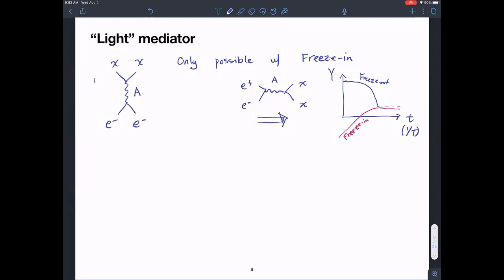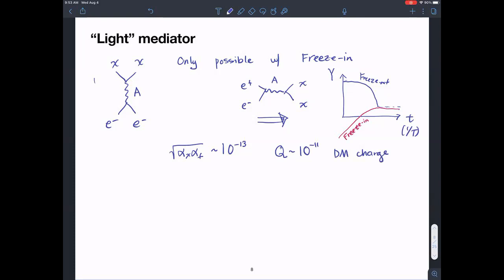And again, you can use this out of equilibrium process to estimate the couplings you need. And in this case, you need about 10 to the minus 13. If you convert that to the charge of the dark matter, it's on the order of 10 to the minus 11, 12 for dark matter charge.